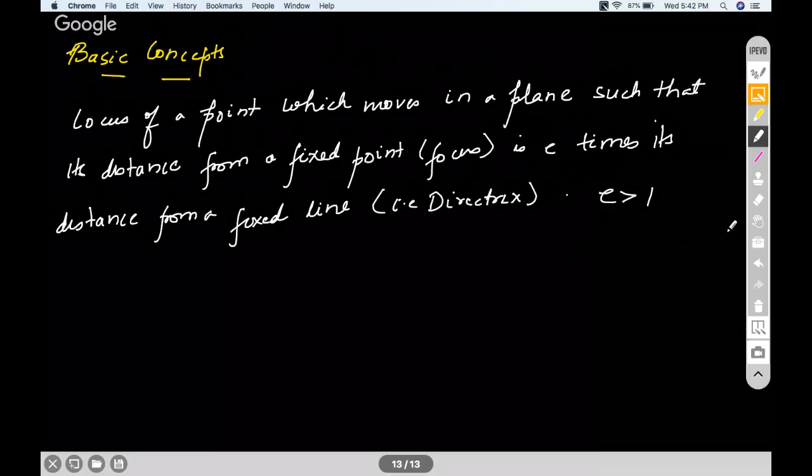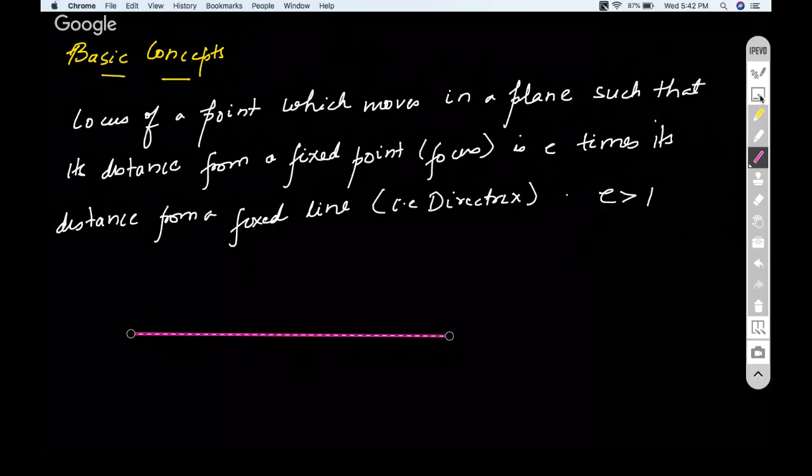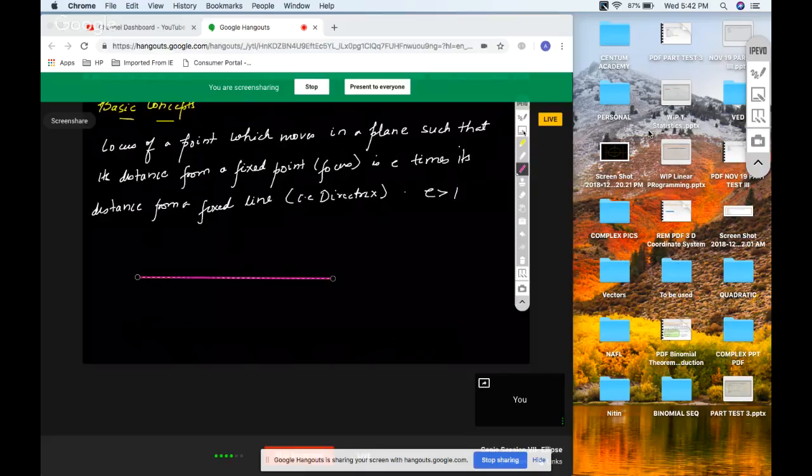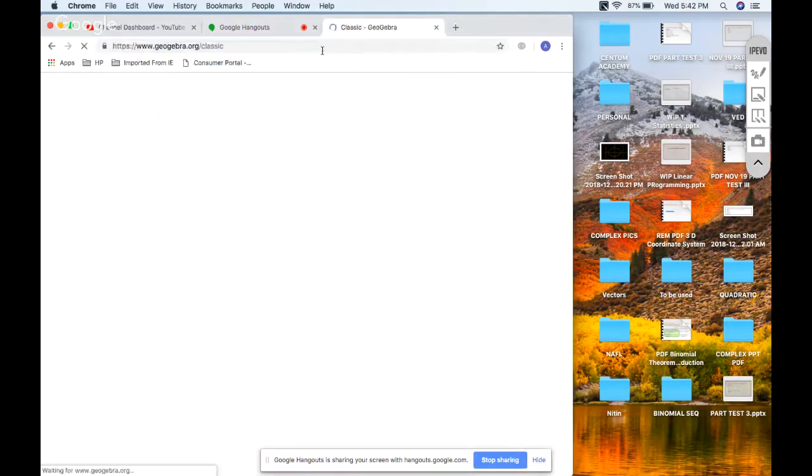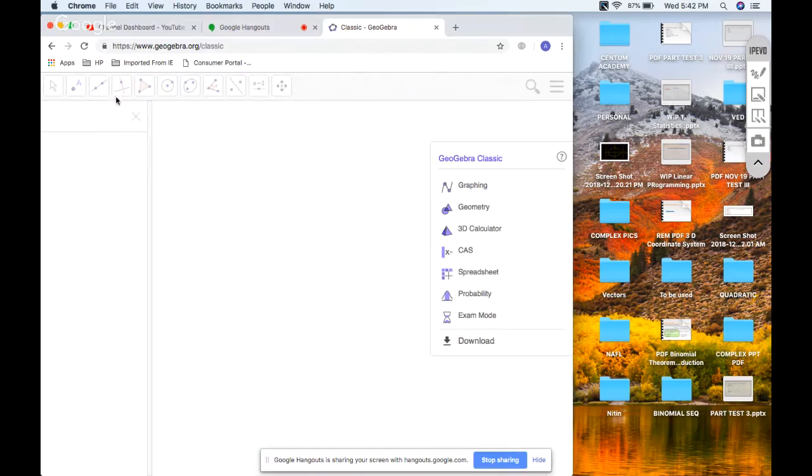Right? So just to quickly sketch a hyperbola. In fact, I'll try sketching it on the GeoGebra tool so that you have an exact idea of the shape of a hyperbola.